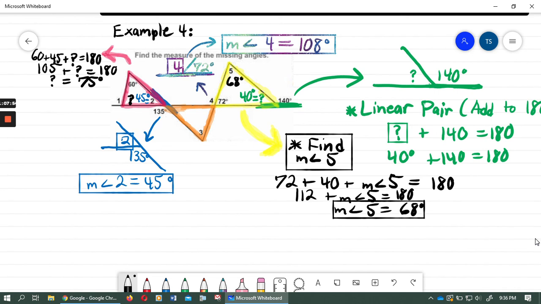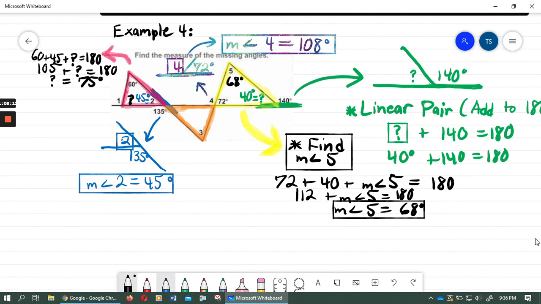Now that we know that third angle in this pink triangle is 75 degrees, folks, what we need to do is use that to find out what angle 1 is.